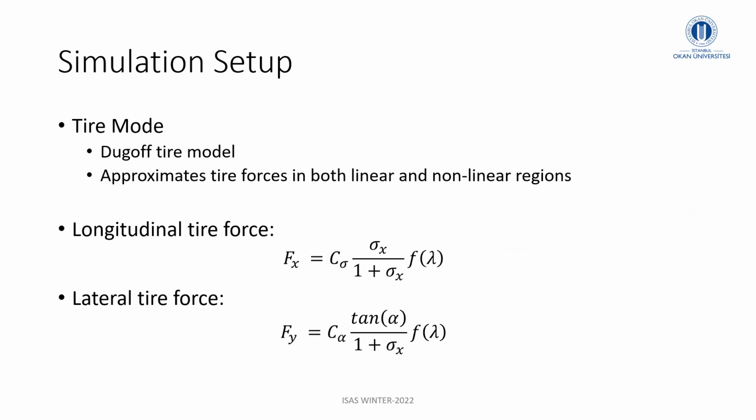The tire model I've chosen is the Dugoff tire model, as it approximates the tire forces in both linear and non-linear regions. Unlike the magic formula, it's not a real model per se, but it's a good approximation, and it is used for a fair comparison between different low-level controllers.